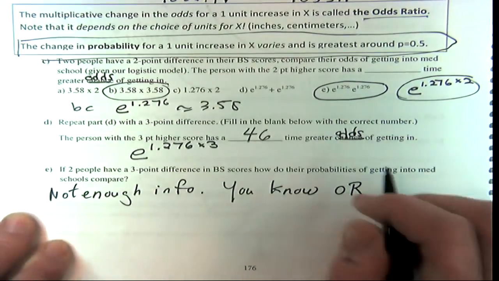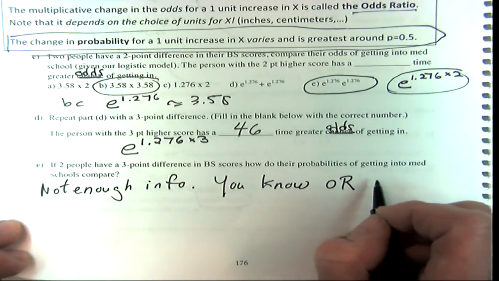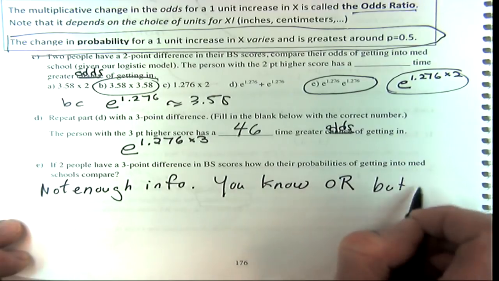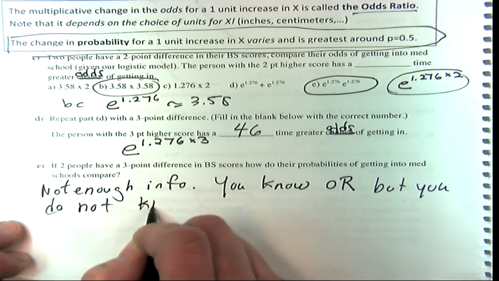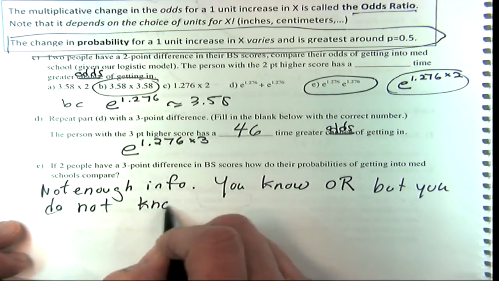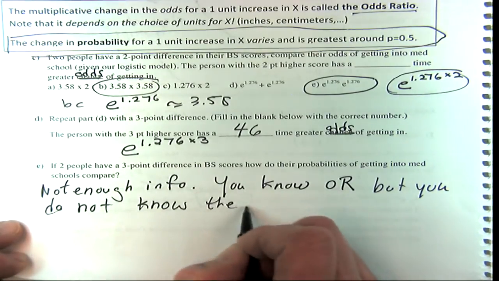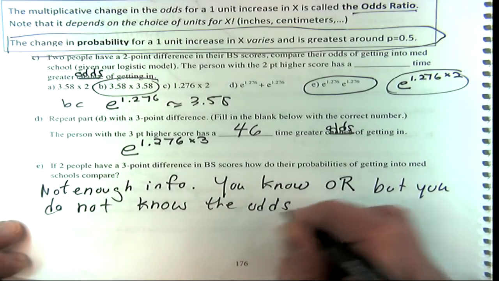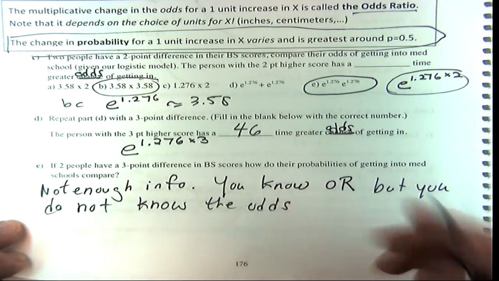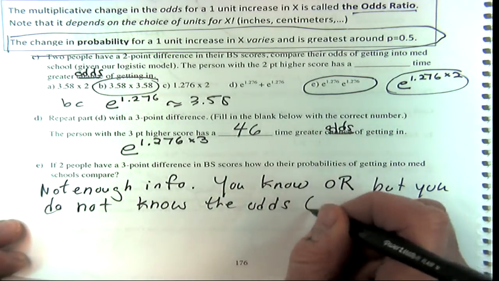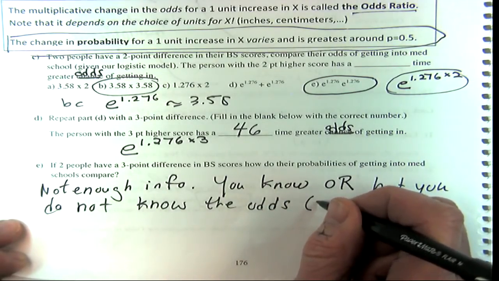The ratio of the odds, but you don't know the odds or the probability. If you knew the odds, you could get the probability. It's just odds over 1 plus odds. You don't know the odds, so you don't know the probability.